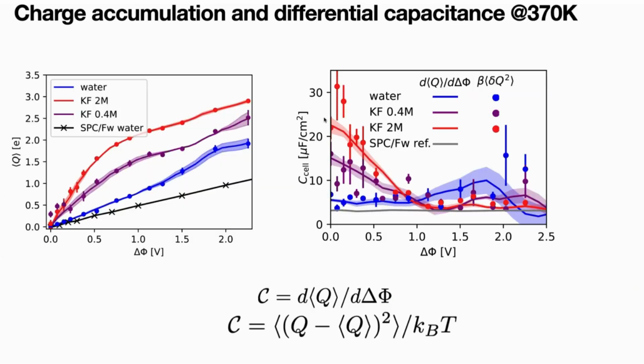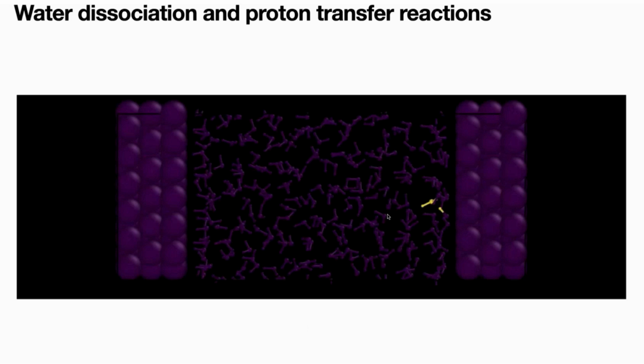From the charge accumulation on the surface, we can also obtain the differential capacitance. This is a very important experimental observable and also a key metric for capacitors.